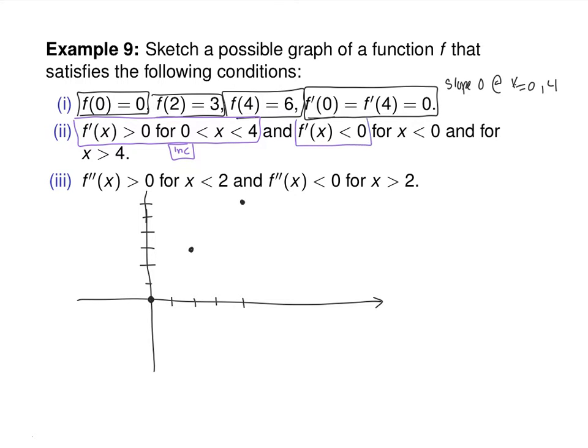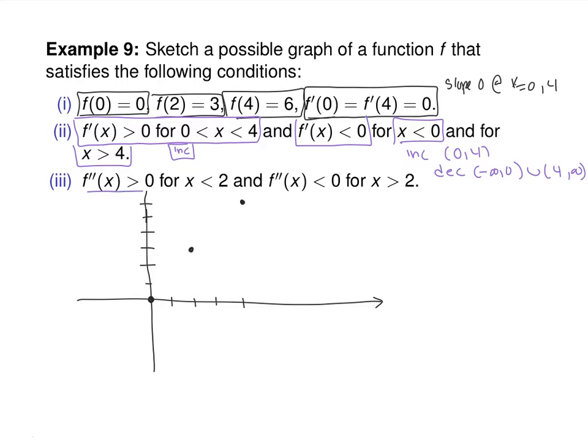And what's happening for less than 0 and bigger than 4? Decreasing. So we're increasing on 0 to 4 and decreasing on negative infinity to 0 union 4 to infinity. Does that make sense? Because you're told the first derivative is positive. That's what being bigger than 0 means, you're positive. And if your first derivative is positive, your function's increasing. If your first derivative is negative, your function's decreasing. So from 0 to 4, your function's going up. And then on the other intervals, it's going down.